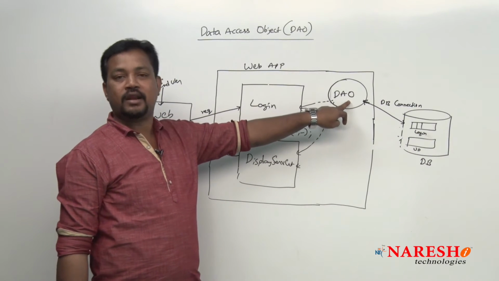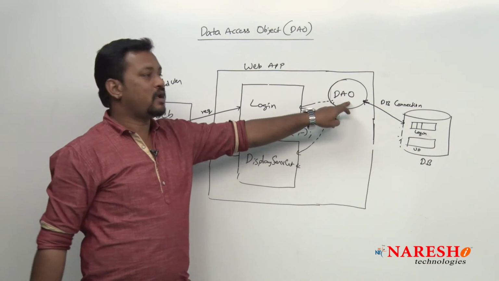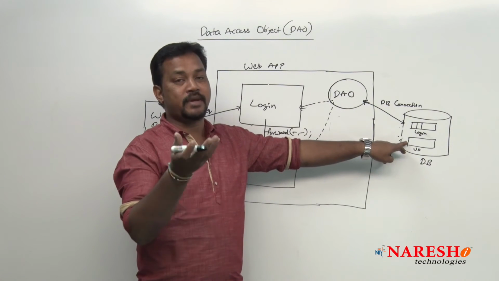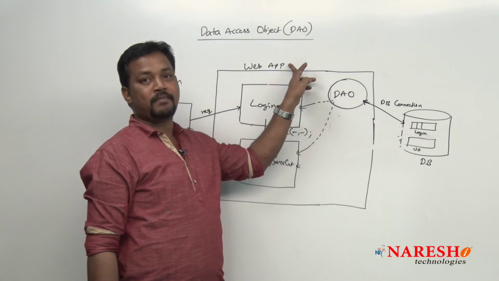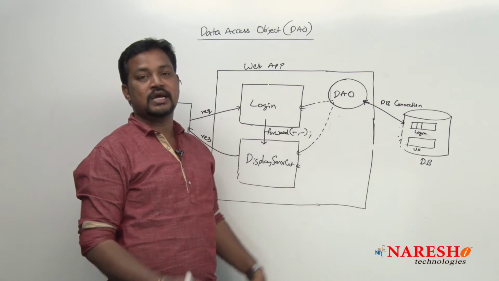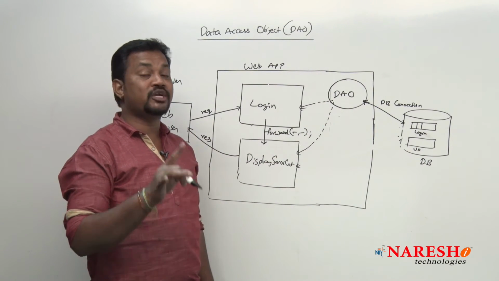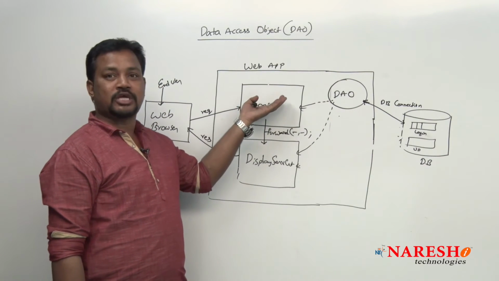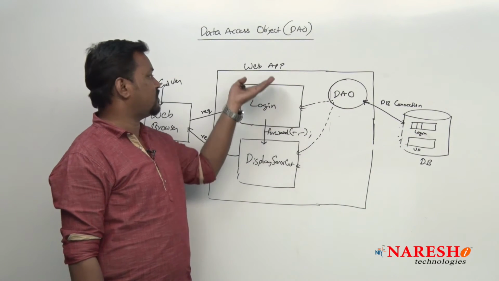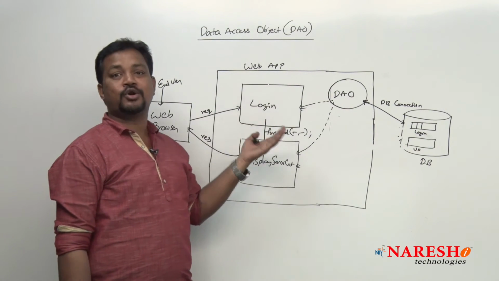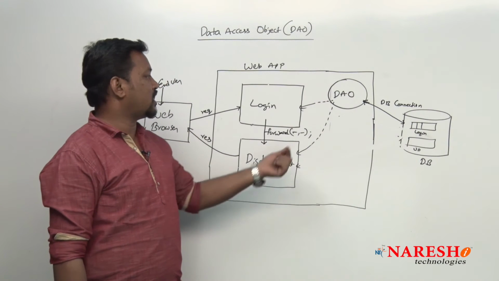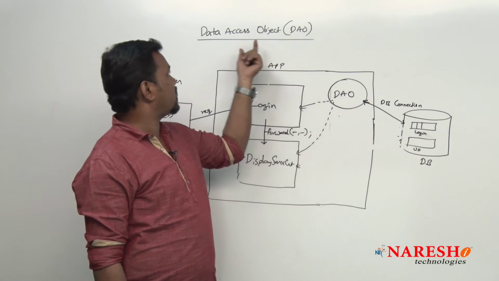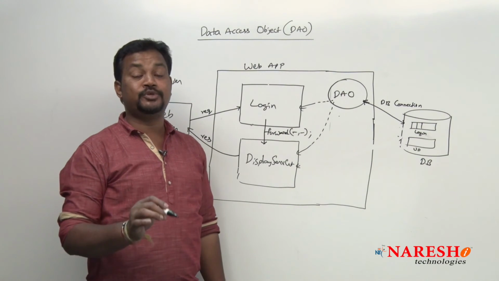This is a separate layer where we maintain a separate database connection related to one web application. This layer we call the data access object layer, part of your web application. Whatever servlet programs are part of this web application, whenever they want to communicate with the database, they can use the connection available in the DAO layer. This process we call the data access object layer.